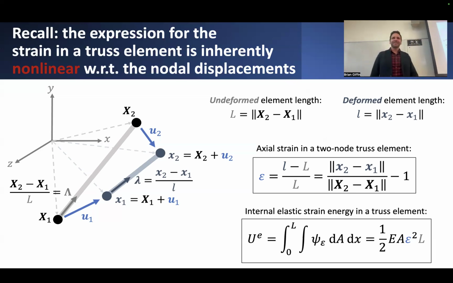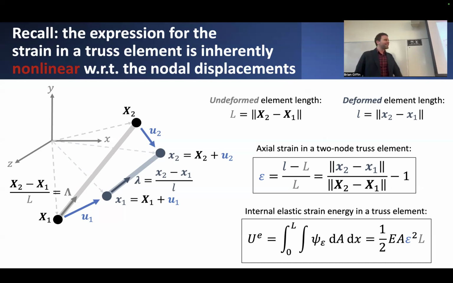By that, I simply meant that the relationship between the displacement of each of these nodes and the resulting strain involved this norm-like expression, which is a square root operation. And inside of it, there's also an inner product going on. So clearly, a square root expression does not lead to a linear relationship between strain and displacement. And we said, well, we can't do that right now.